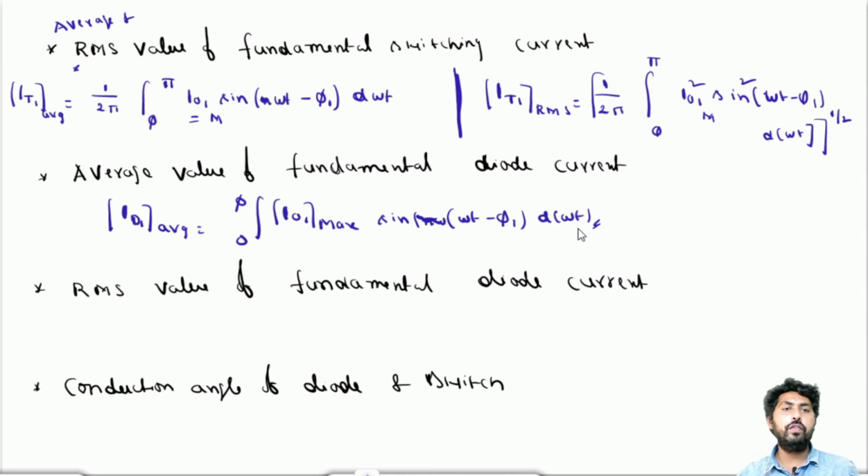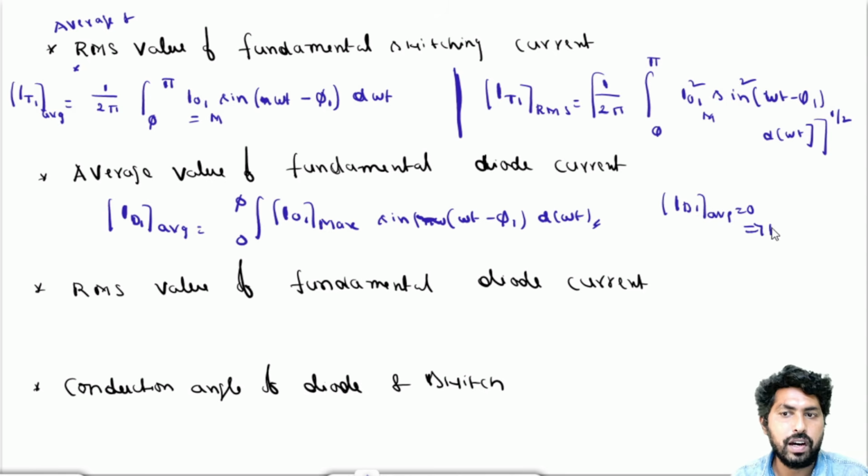So from this formula we can find. In case of resistive load phi 1 equals 0, so ID1 average value equals 0 for the R load.